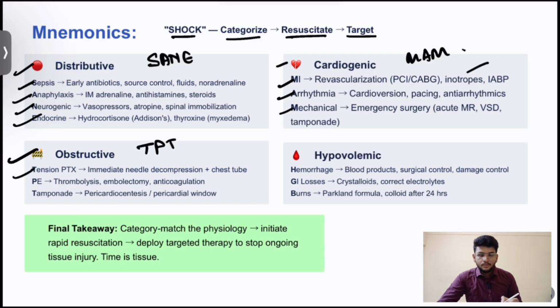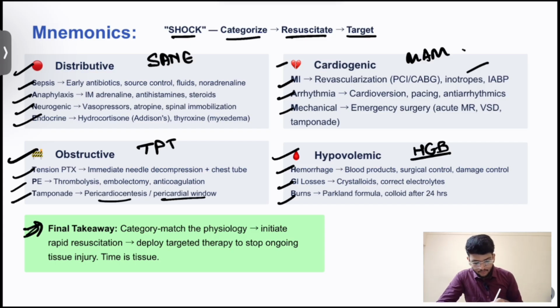Tension pneumothorax: immediate needle decompression and chest tube. Pulmonary embolism: thrombolysis, embolectomy and anticoagulation. Tamponade: pericardiocentesis or pericardial window. In hypovolemic shock, we have HGB: hemorrhage, GI blood loss and burns.